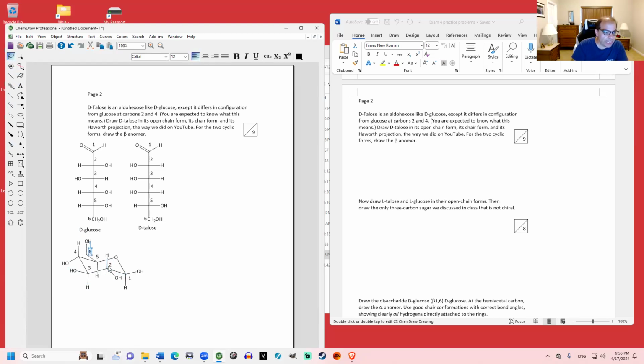In order to change that into talose, we need to change the configuration at carbons 2 and 4. So carbon 2 will have the OH axial, and carbon 4 will also have the OH axial.